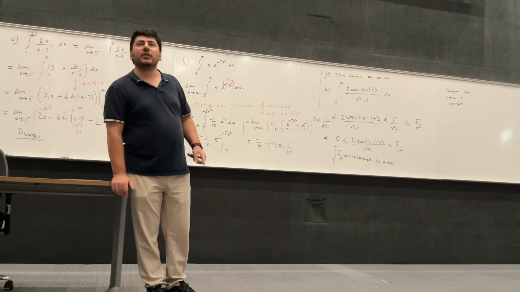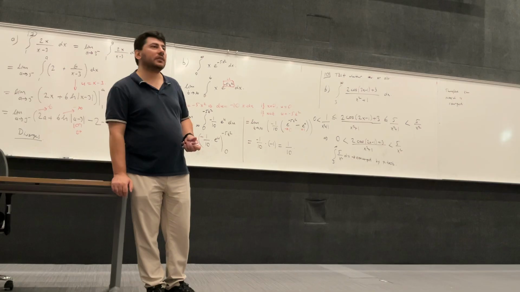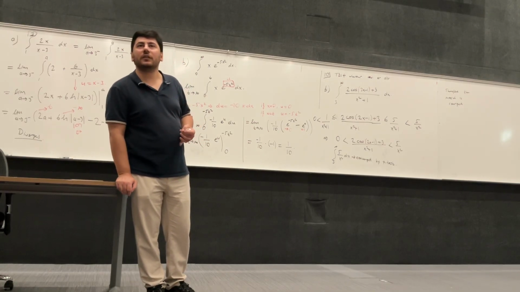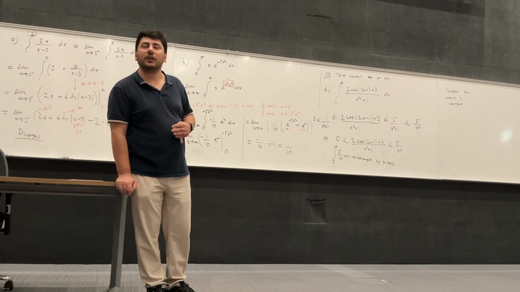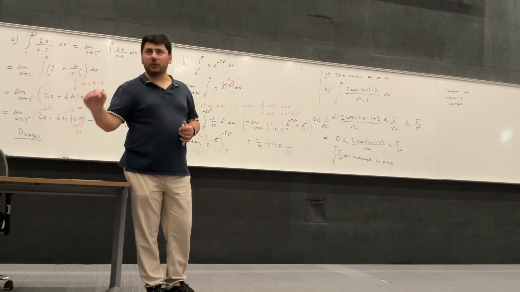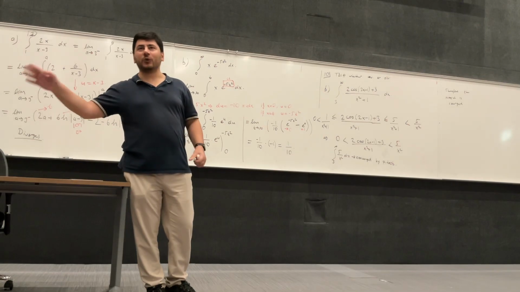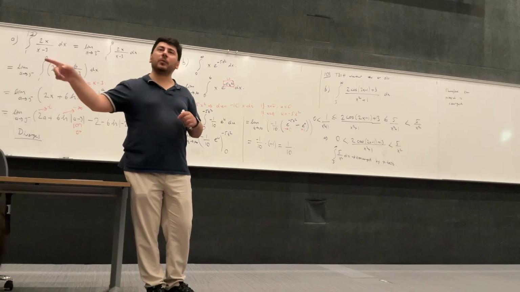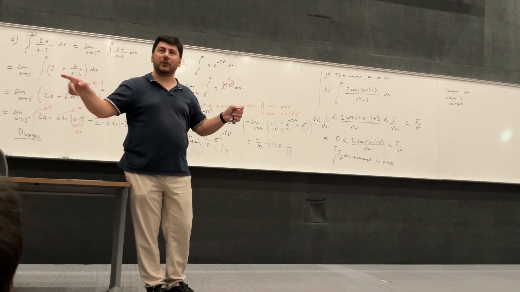Any questions? You said to make sure that if it has a lower bound that's positive. No, doesn't matter. As long as there's a lower bound that doesn't go to negative infinity, you're fine. A convergent upper bound and a convergent lower bound.